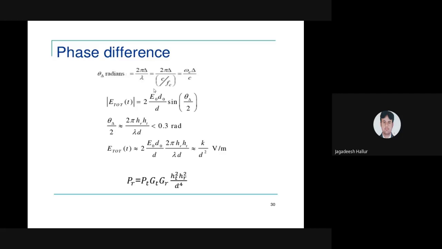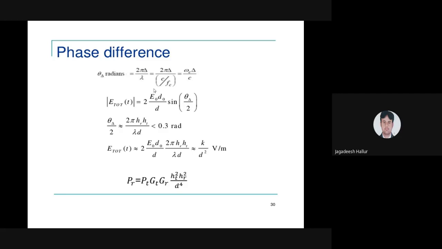So if you want to rearrange this equation, theta del divided by 2 is approximately equal to 2 pi ht hr divided by lambda d. So it is less than 0.3 radians.